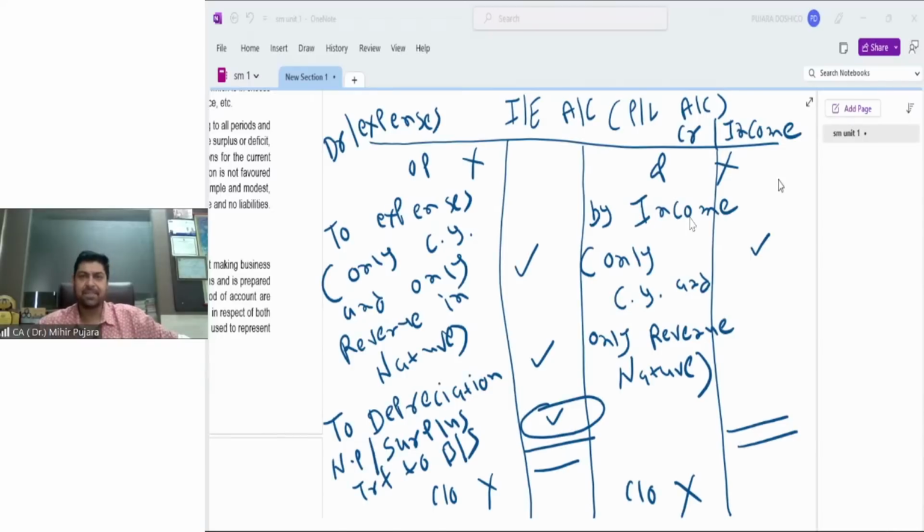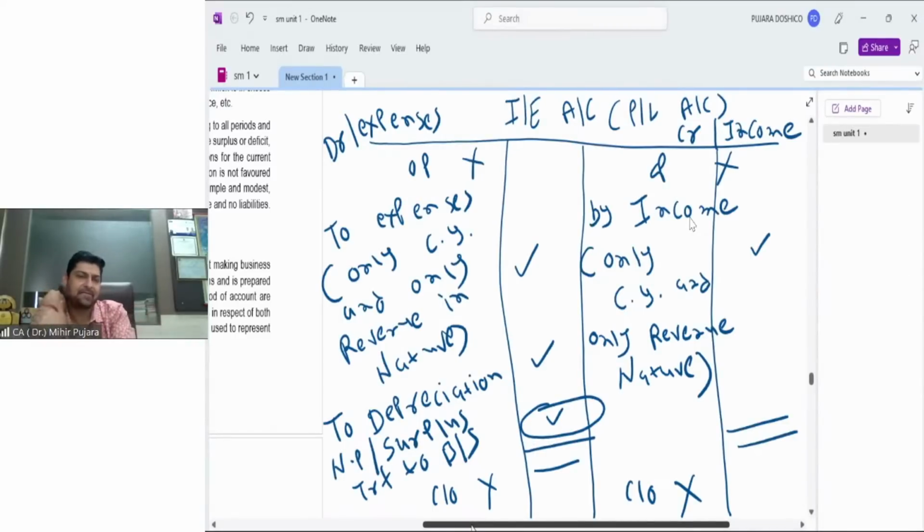Got it, friends? Clear, guys? Only current year, only revenue nature, depreciation also we need to write, and profit is transferred to the balance sheet.